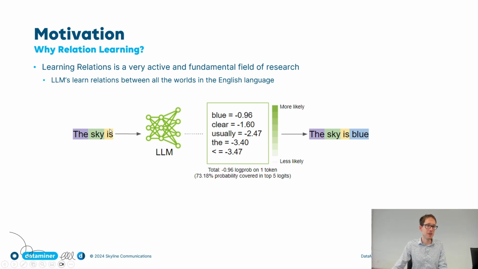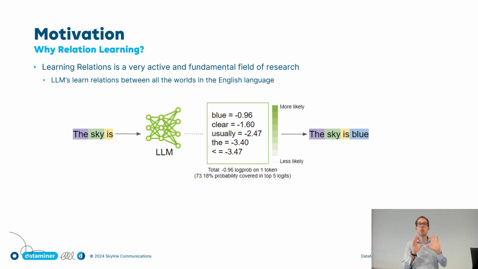And you see that ChatGPT definitely believes that blue should be the next word. A second candidate is clear, and that makes sense. The sky is clear is also a sentence that makes sense. And then you have usually: the sky is usually, and then the sky is the. Maybe the sky is the limit or something like this, right? So this is a very powerful relation learning model if you think about it.